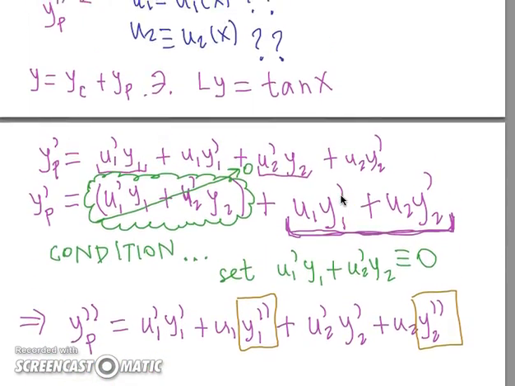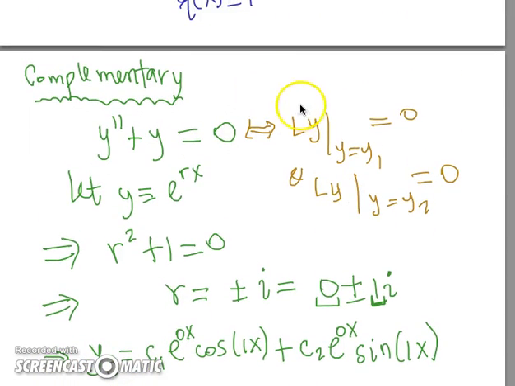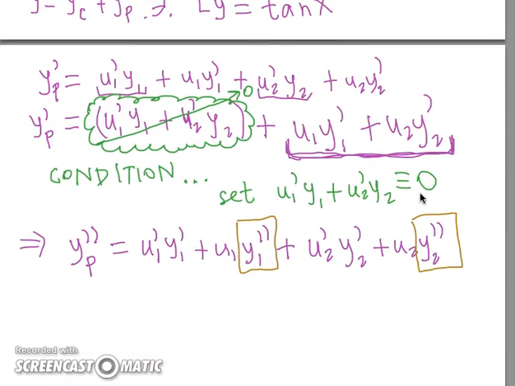So remember, maybe I say this again, this operator means that y1 double prime plus y1 equals 0. And from there, you can say that the second derivative of y1 is equal to the negative of y1. The same thing applies for y2. So we can substitute those second derivatives of y1 and y2.